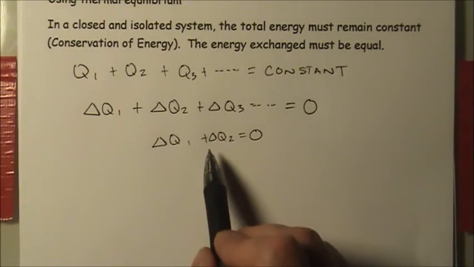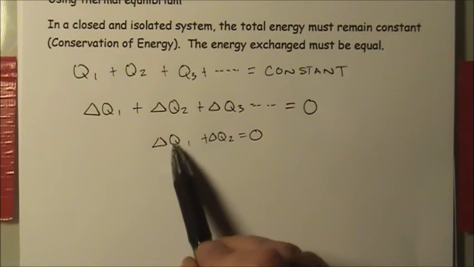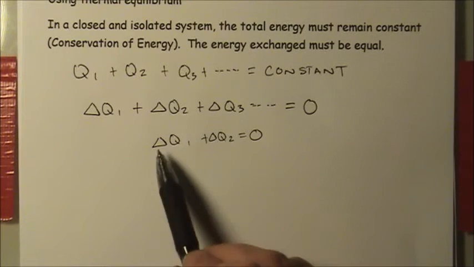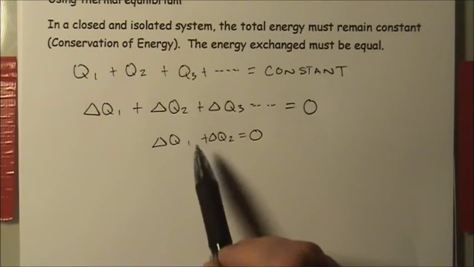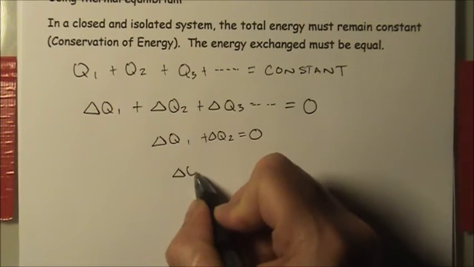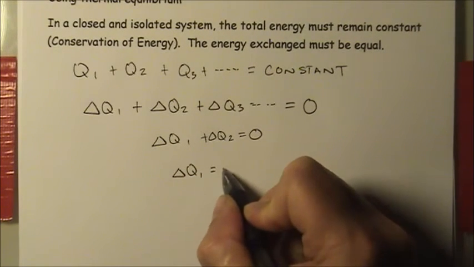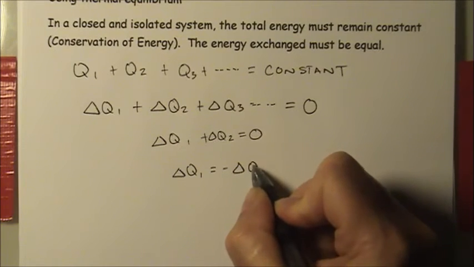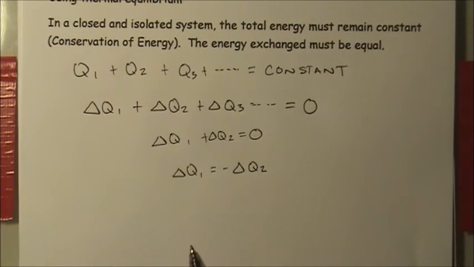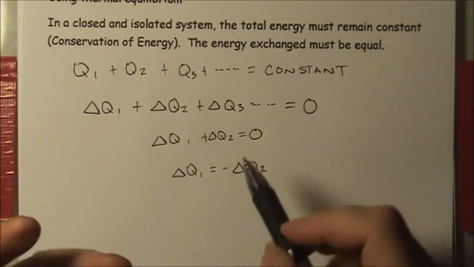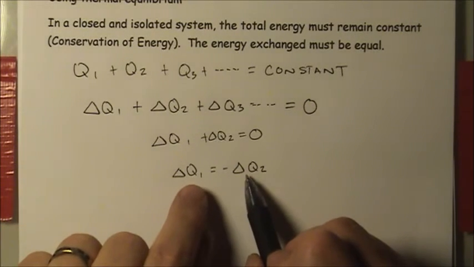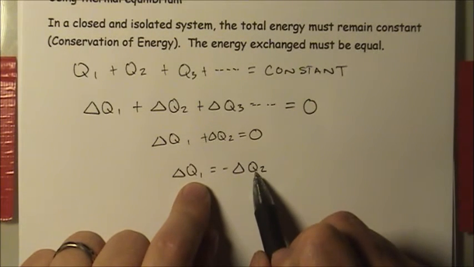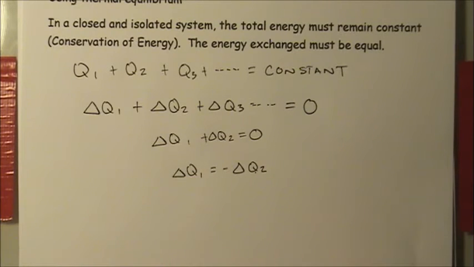What we might do is just acknowledge that if I only have 2 objects, and the 2 objects are going to exchange the same amount of energy, then I could say that delta Q1 must be equal to the opposite of delta Q2. Now, we can even go a step further. Each of these Q's involves a delta T, so there is some change in the temperature.